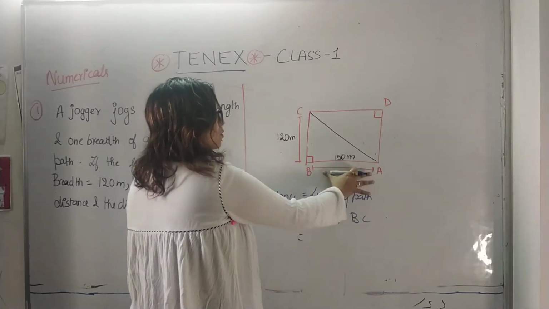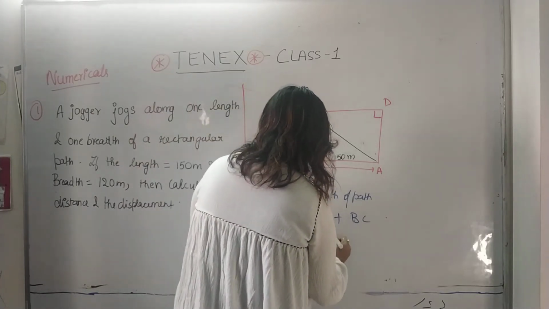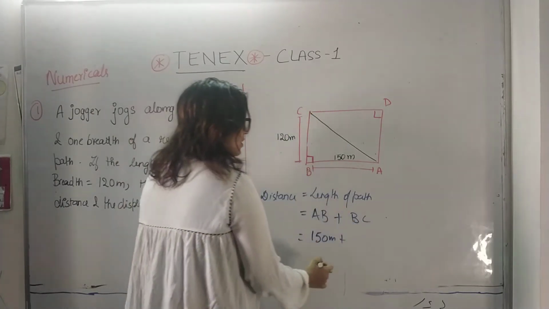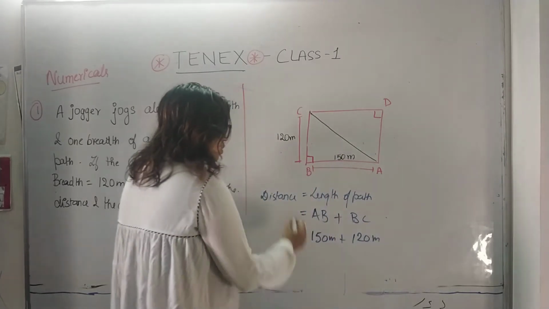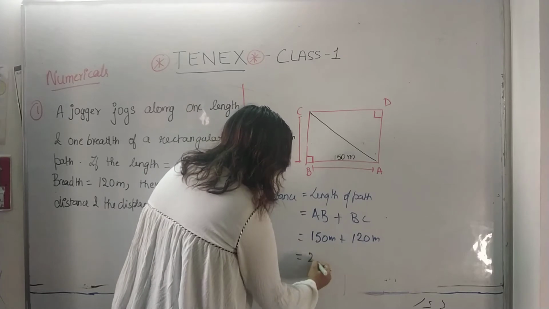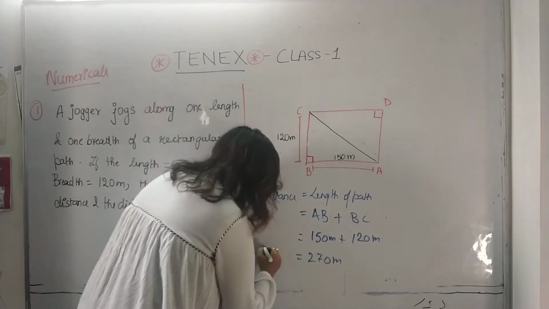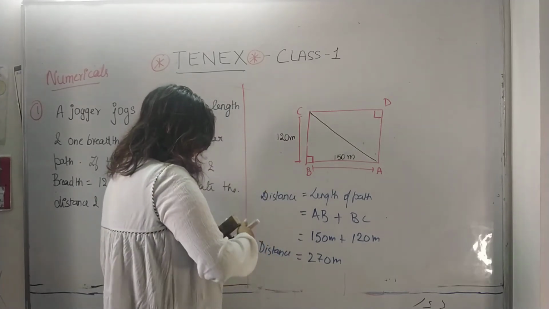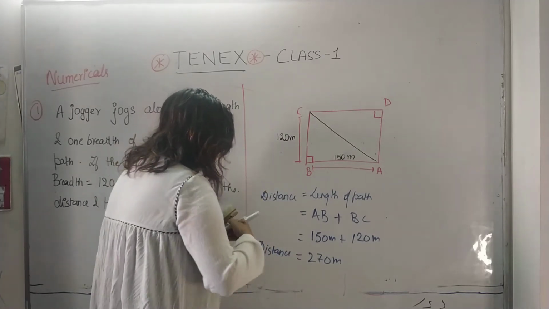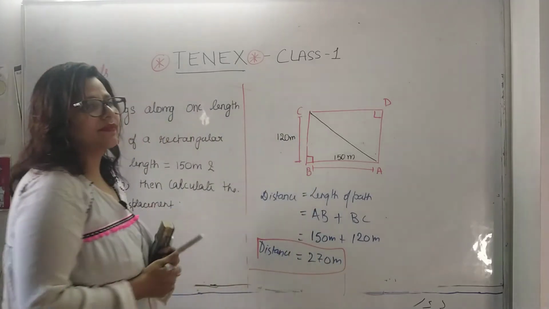Guys, AB is equal to how much? One length is equal to 150 meters and one breadth, or BC, is equal to 120 meters. So guys, the distance is equal to 270 meters, okay guys. So we have solved the first part of the question, that the distance is equal to 270 meters.